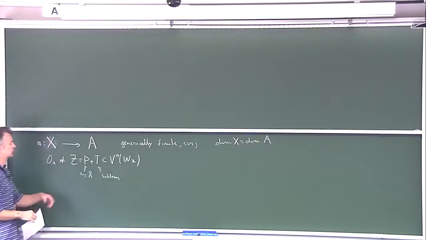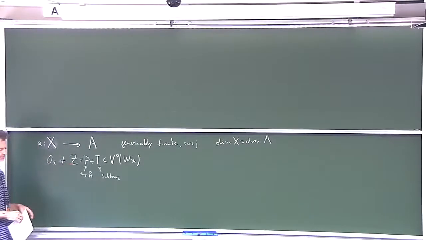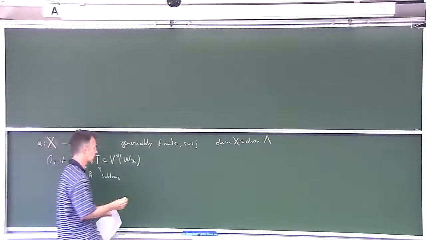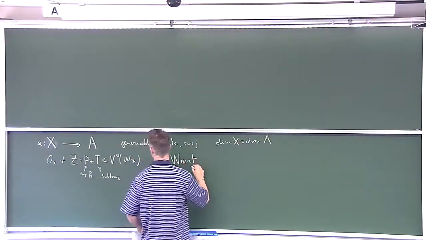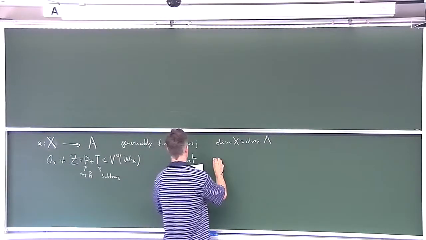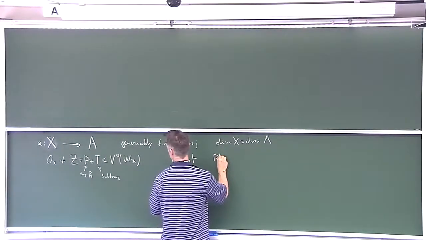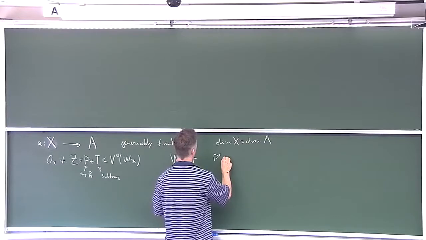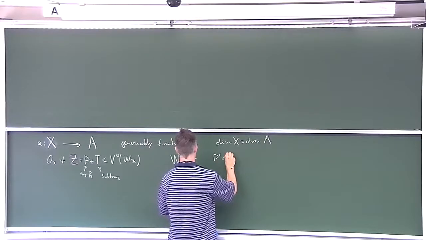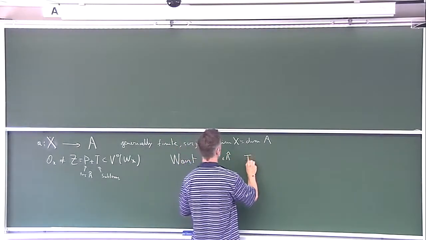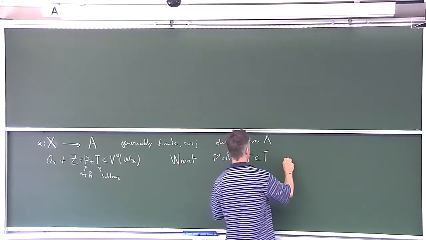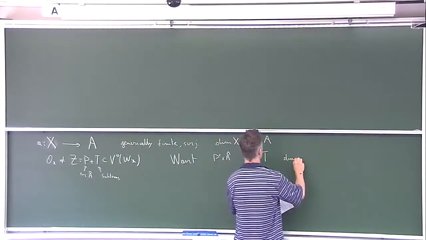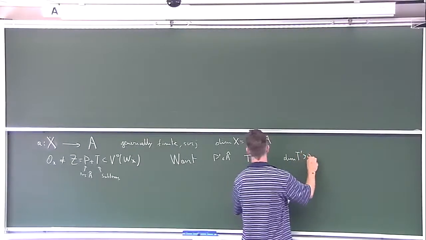And we knew that the dimension of Z is positive. Now, what we want is a point P prime in A hat and a subvariety T prime contained in T with dimension of T prime greater than 0.